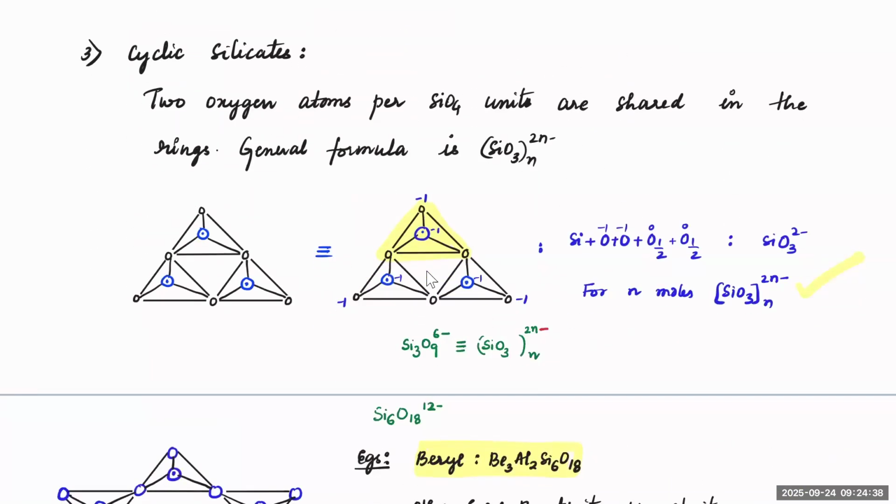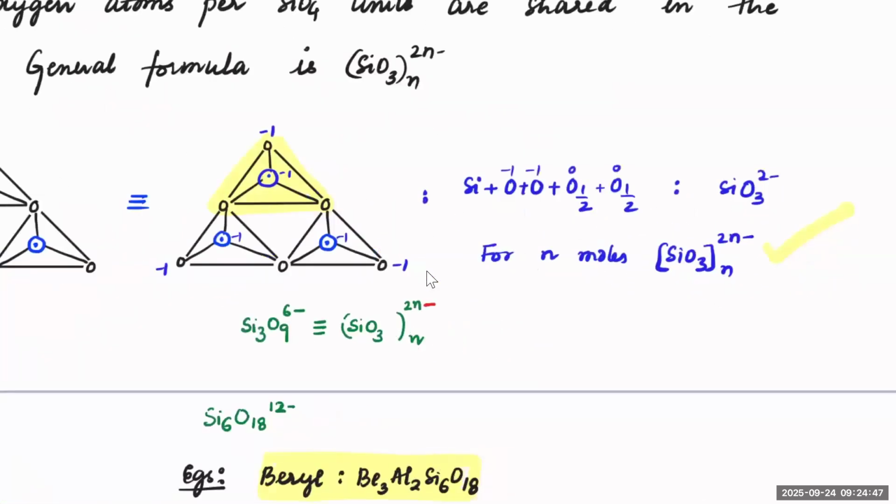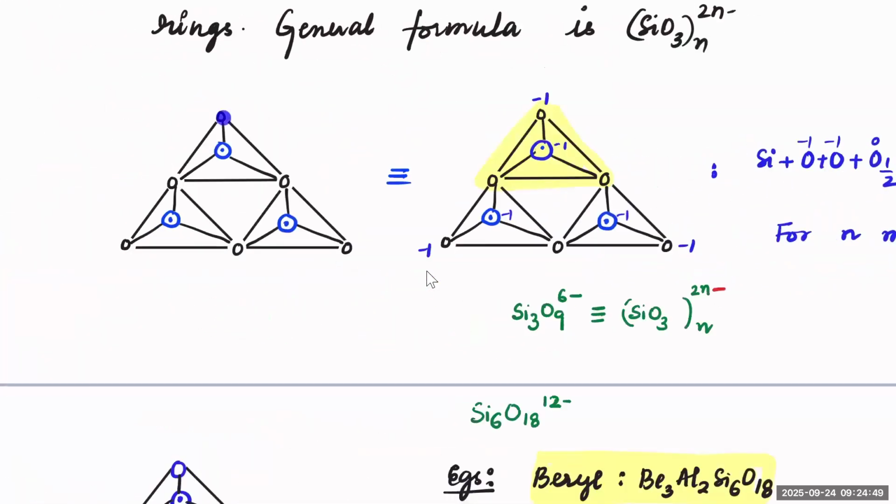Cyclic silicate. If two oxygens per unit of silicate are shared, then you will get this formula. Notice, this is how the structure is. If you notice any one of the silicon here, let's say this is the silicon, it is connected through four oxygens, one on the top and three on the sides.